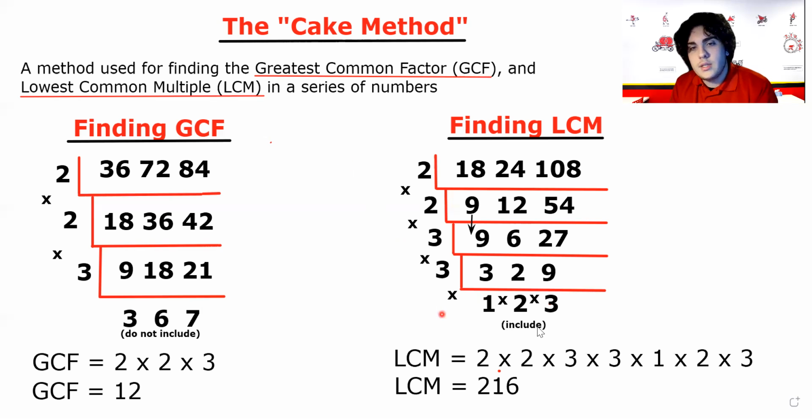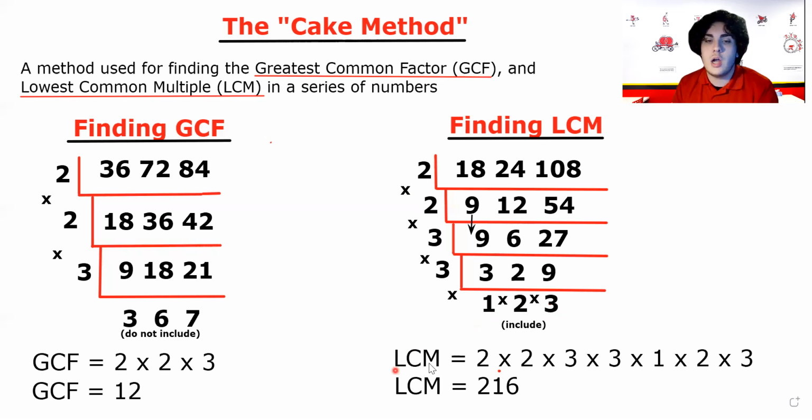So now I have this big cluster of numbers here. How do I find my lowest common multiple? What I'm going to do is multiply all of the numbers on the outside, just like in greatest common factor. However, I'm going to include the numbers in that very bottom row. Once there is nothing left to take out, nothing left to divide, I'm going to include those numbers when I multiply.